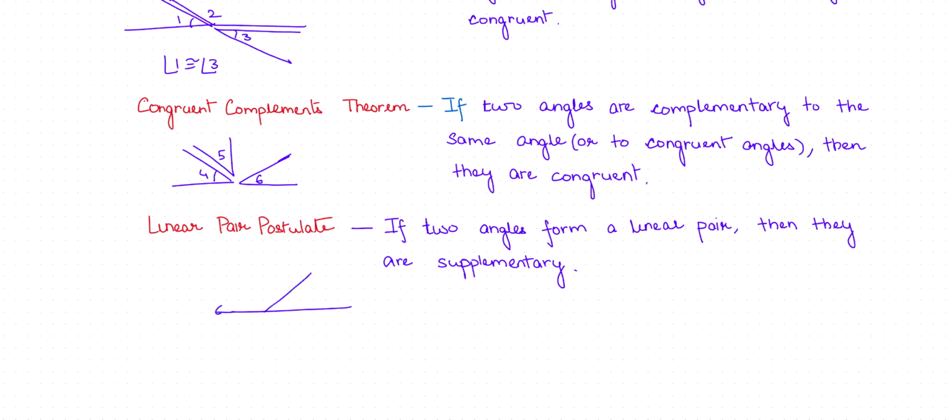Okay, where two non-common sides form a straight line. These angles 1 and 2, they are supplementary because they form a linear pair. The two non-common sides form a straight line. Okay. Now let's do another theorem.